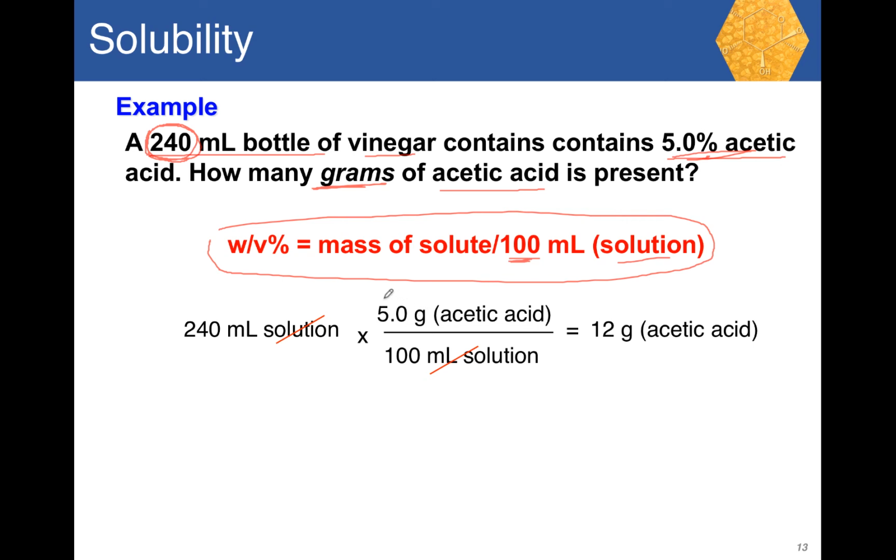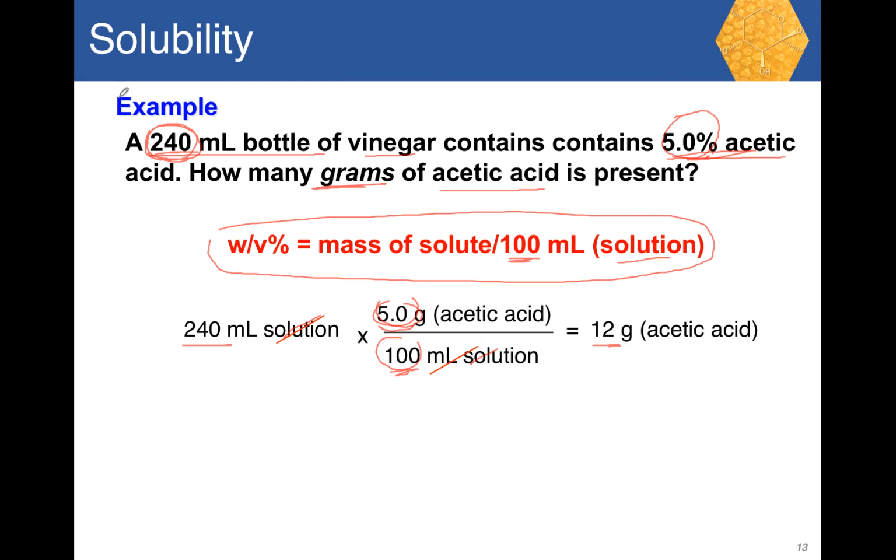You have 5 grams. That's 5 grams in 100 mils is 5%. So once again, 5 grams in 100 mils is a 5% acetic acid, but we have 240 milliliters. So here it is. The solutions cancel, and you end up with 12 grams of acetic acid.